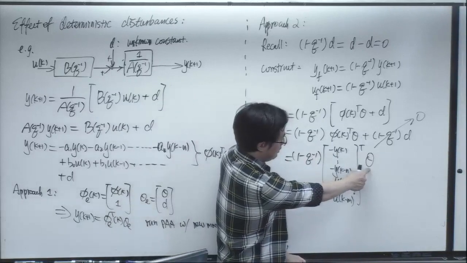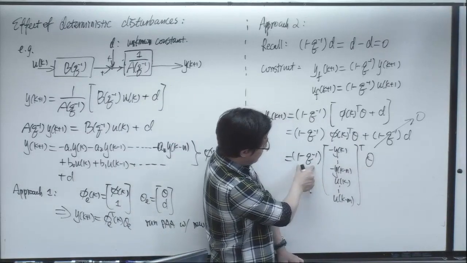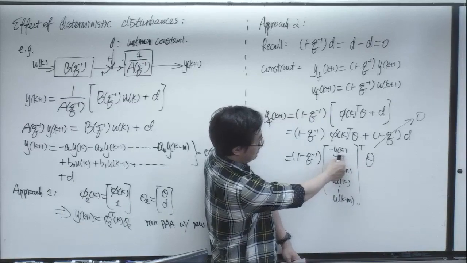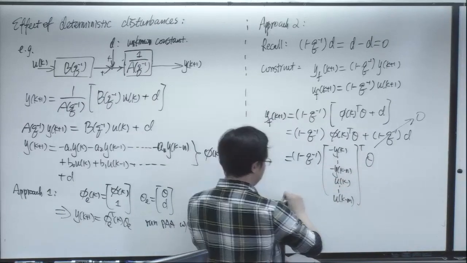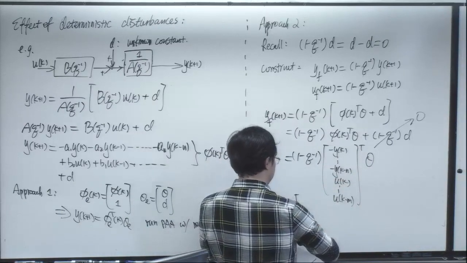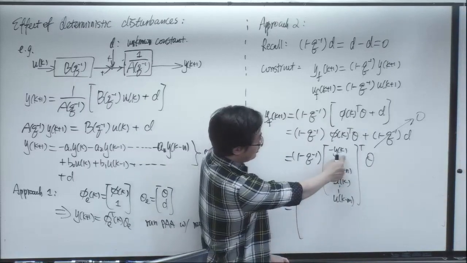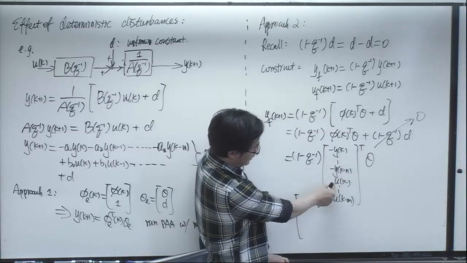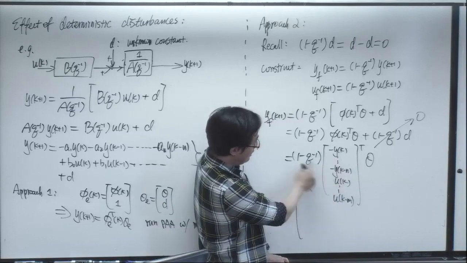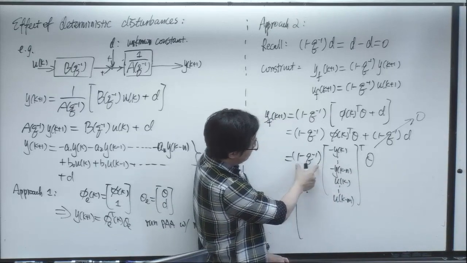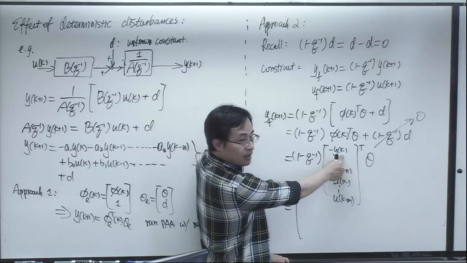This is the true parameter, and your filtering actually goes inside here to these signals. So it's going to be equal to this going inside to operate on yk, and then operate on uk in the end. What is this filter operating on yk?